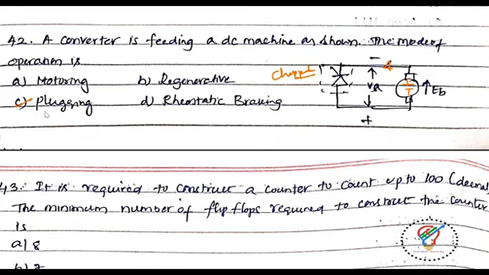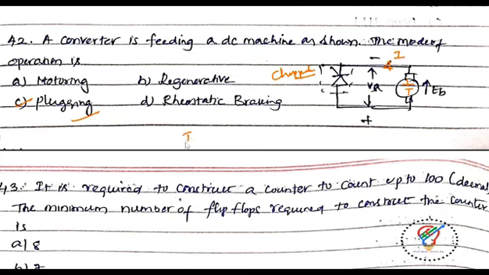In plugging operation, what we do is we first run the machine as a motor, and by changing the terminals of the motor, the motor then acts as a generator. That means we generate opposite torque by using the plugging concept. In this plugging concept, the current is very high.